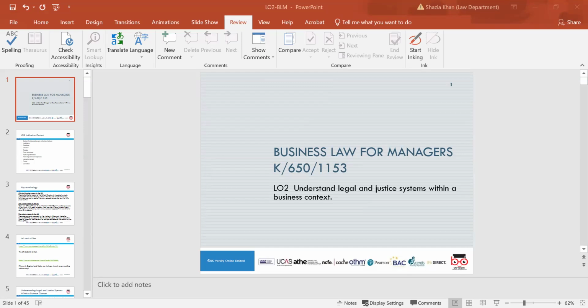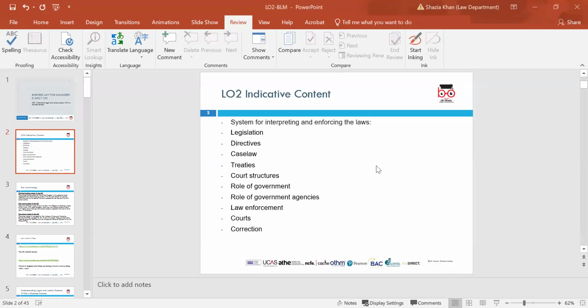Now we're going on to learning outcome 2, which is to understand legal and justice systems within a business context. So there'll be some repetition in regards to what we've done in learning outcome 1 as well. In learning outcome 2, the indicative content is systems for interpreting and enforcing laws.